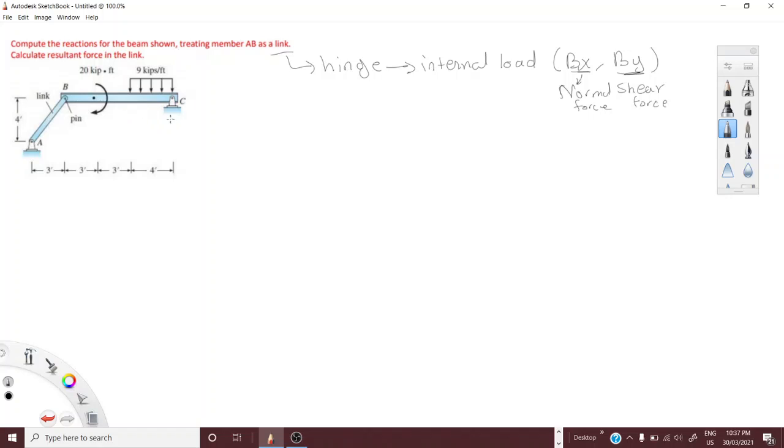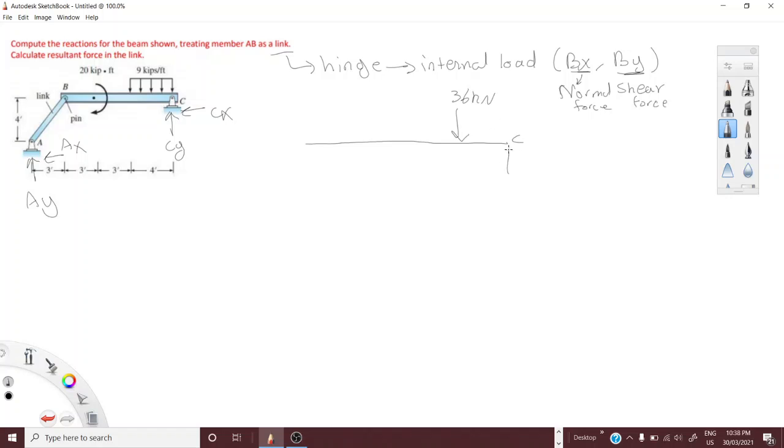Let's start from the right side. We have Cx and Cy, and we have the support at A, which is Ay and Ax. Let's disconnect. I will take the right part, which has a distributed load of 9 times 4, which is 36 kilonewton, concentrated at its center.